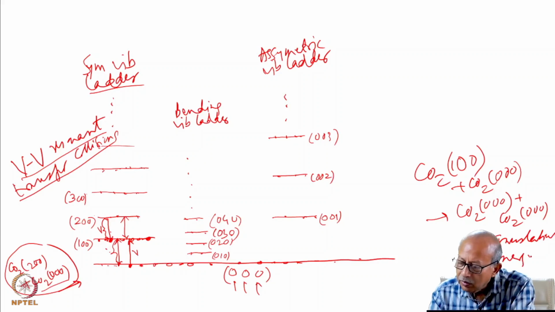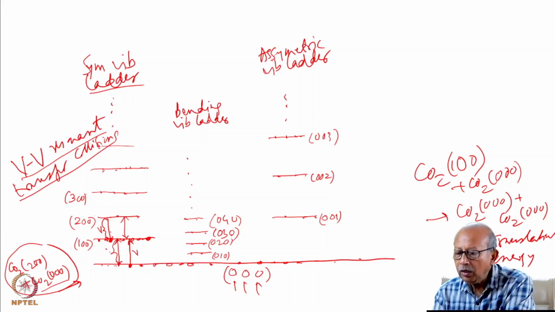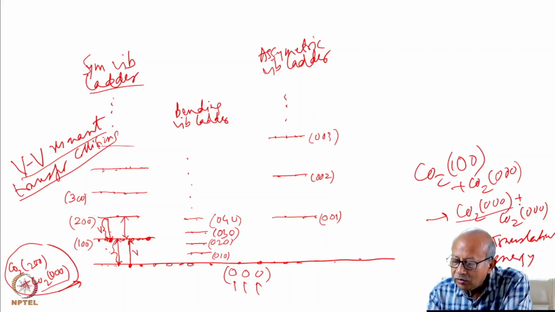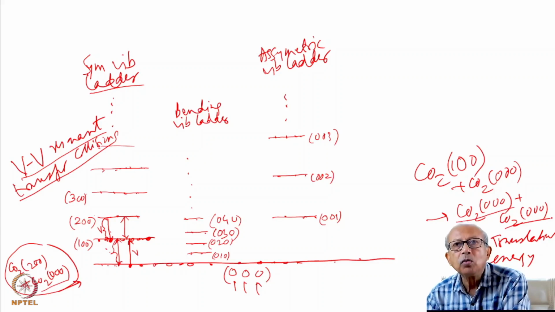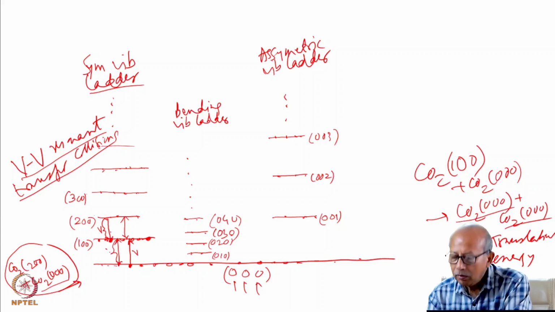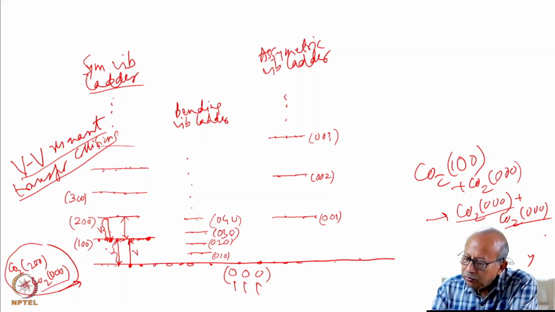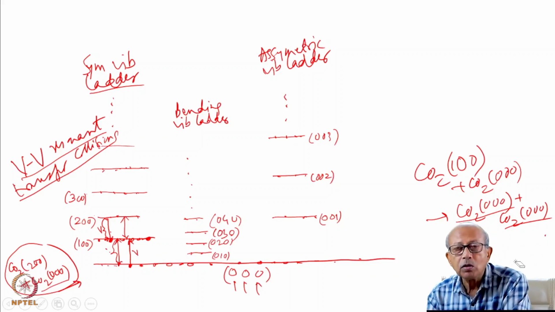Translational energy that basically would be the kinetic energy of this ground state. So such processes are extremely slow.